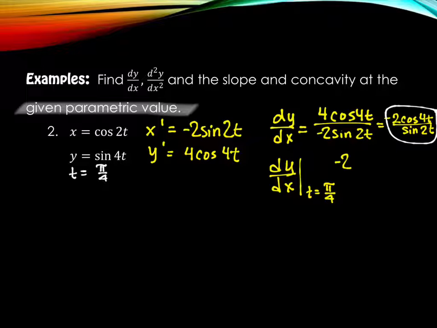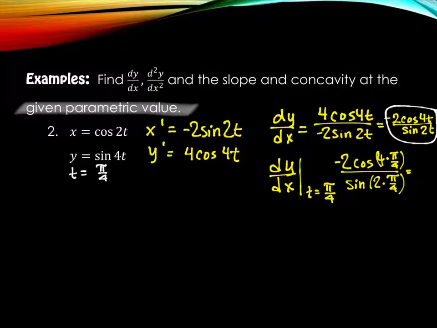So I have negative 2 cosine of 4 times pi over 4, over, did I write that right? Yeah. Sine of 2 times pi over 4. The top one becomes pi, so I have cosine of pi. What's cosine of pi?